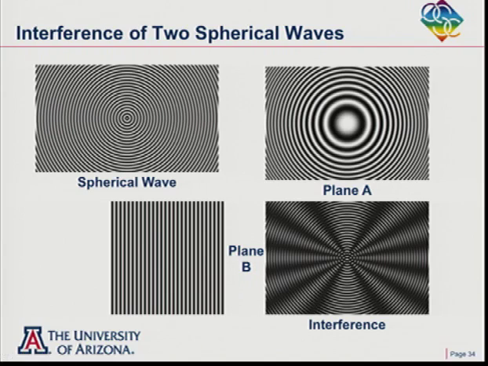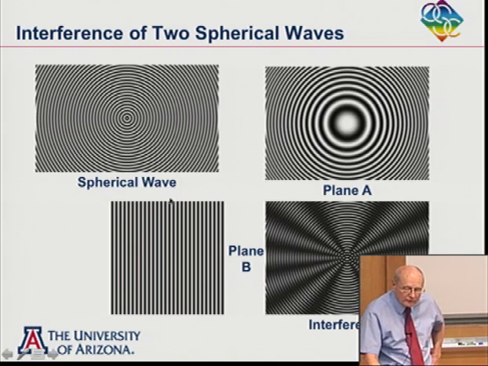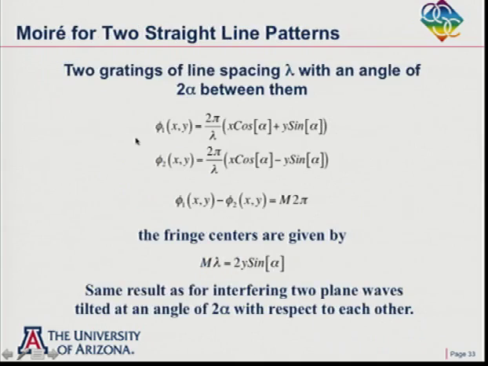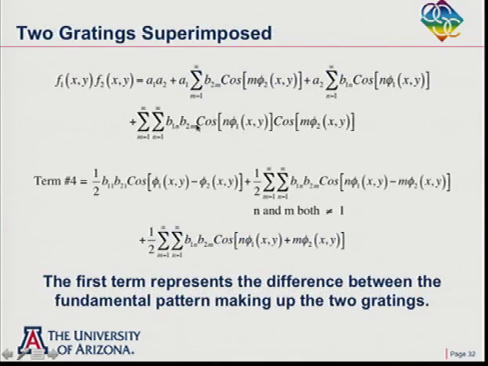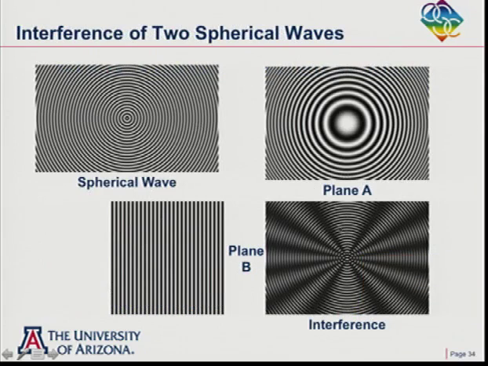And when I interfere 2 spherical waves, what's the shape of fringes I get? In 505, I remember it's always hyperbolas. I mean, the hyperbolas may look like straight lines if you go out far enough, but they're basically hyperbolas. And if I went through all the math here, just the previous calculation from here, I would show that these are the hyperbolas. These are my interference fringes.